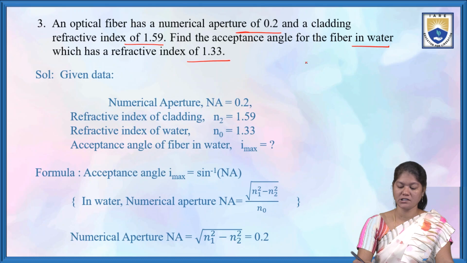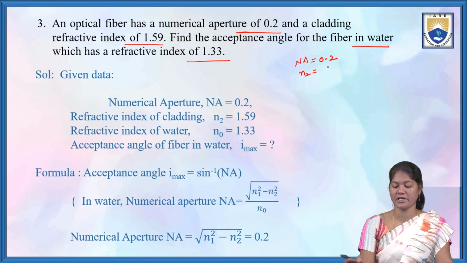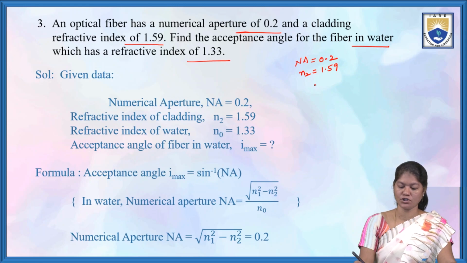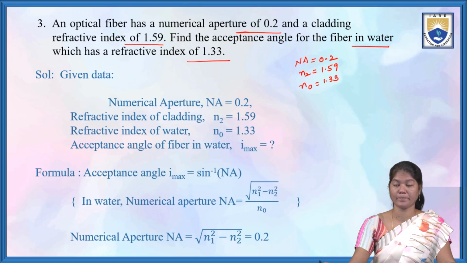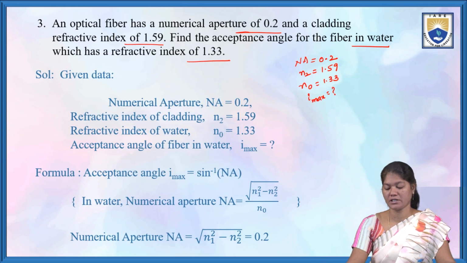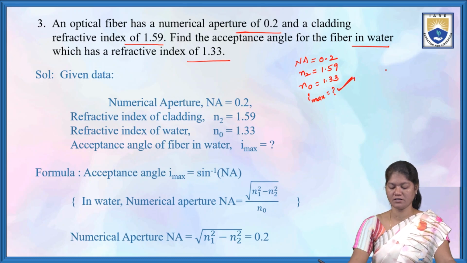So the data: numerical aperture is given as 0.2, refractive index of cladding N2 is 1.59, and refractive index of water N naught is 1.33. We need to find the acceptance angle, i maximum.